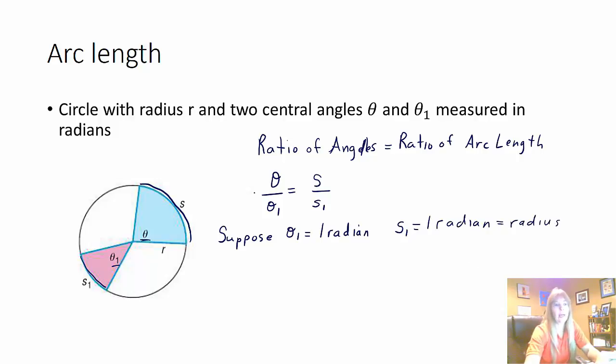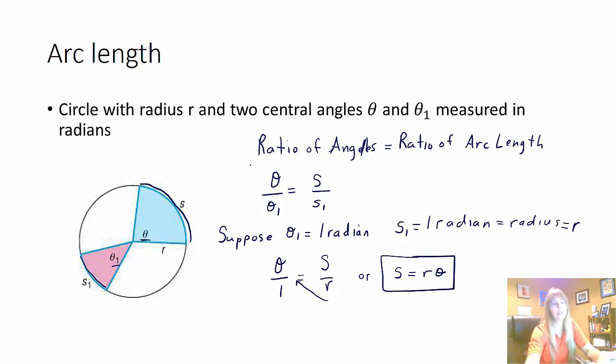So I can take the formula I just wrote, the ratios above, and say theta over 1 radian equals S over my radius, which is R. If I solve this for S, meaning I multiply R on both sides, I get my formula.